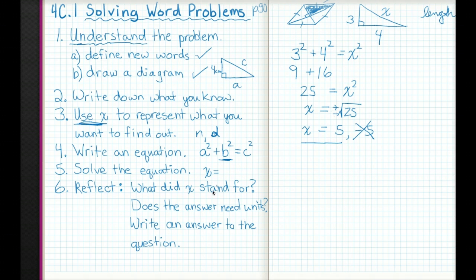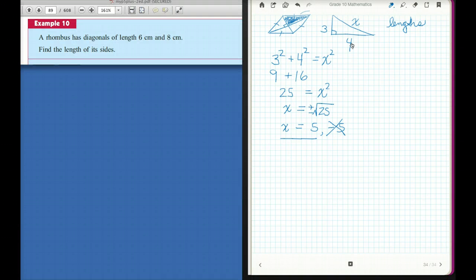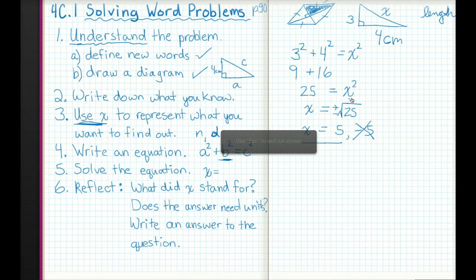Not quite done, because I have to remember what x stood for. X stood for the length of the rhombus. Does it need units? I should check my original problem. I think it was given in centimeters. Yes, so these were in centimeters. So I'll have to put units on the answer, and then I'm going to write an answer to the question.